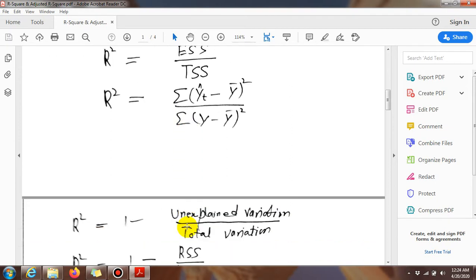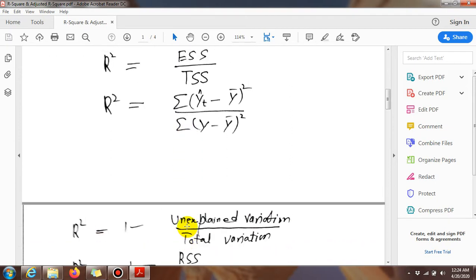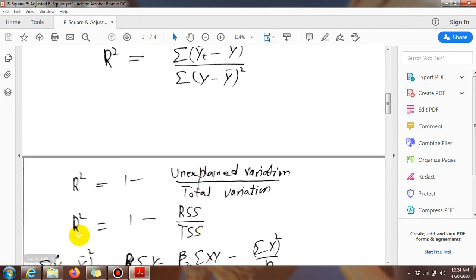The other formula for R square is R square is equal to 1 minus unexplained variation divided by total variation. We can call it R square is equal to 1 minus RSS divided by TSS.